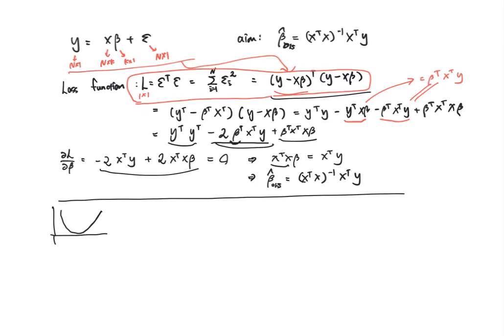Then if we find the point where the derivative becomes 0, we are sure that this is the minimum point, right? So I want the loss function to look like this. So this is convex, and is this function convex? My answer is yes, it is convex.